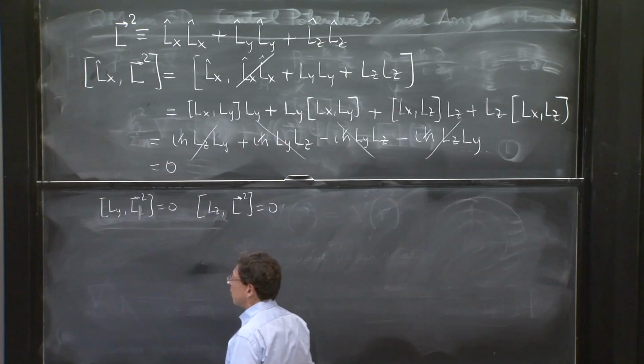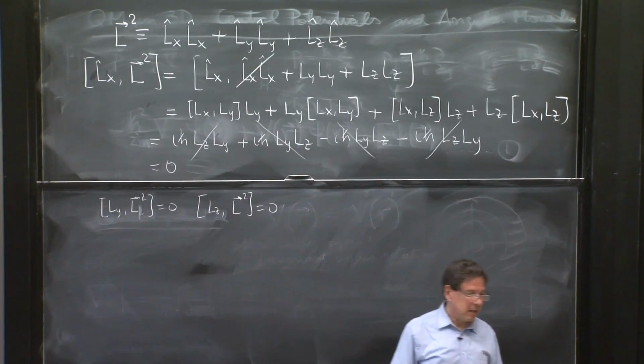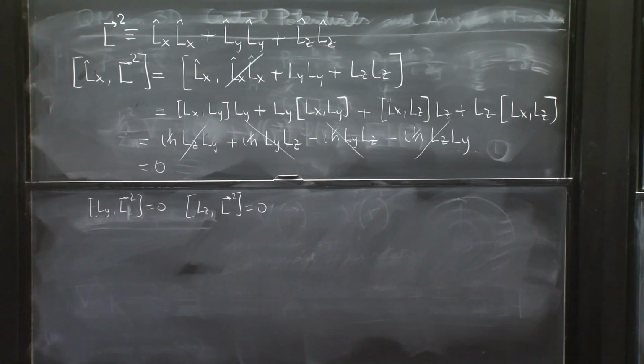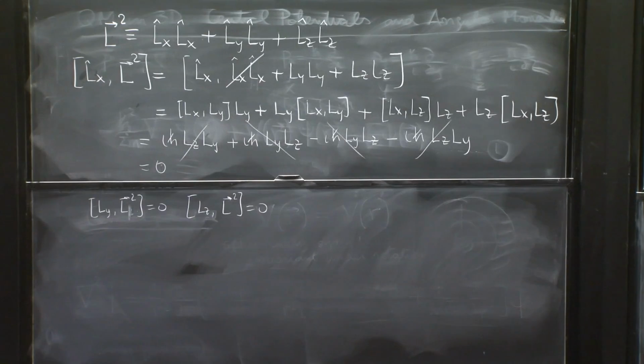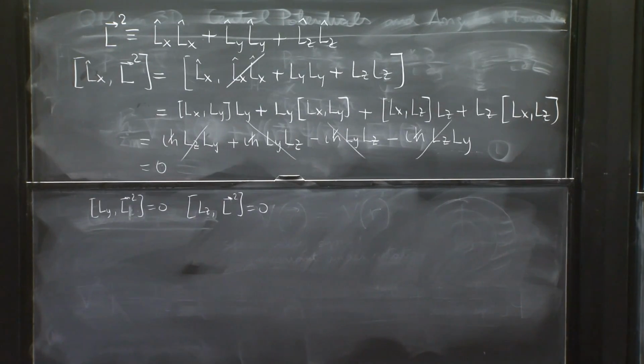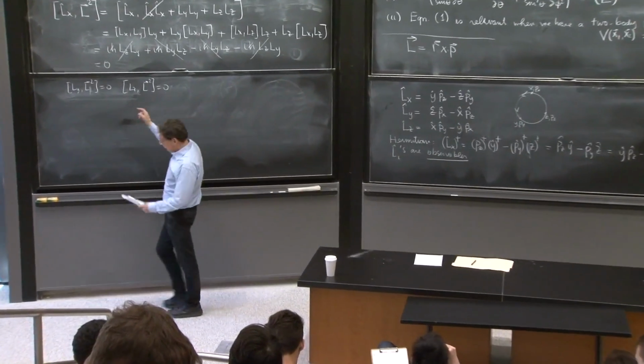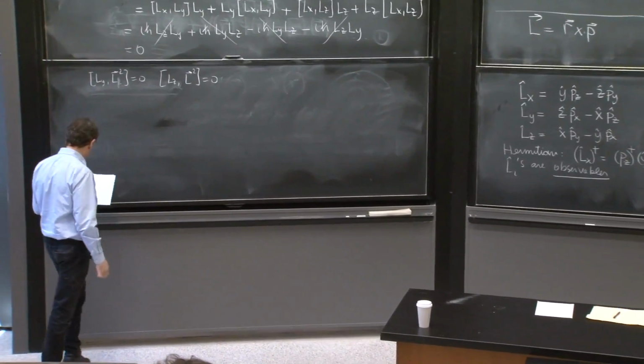So you have a choice. You can choose Lx, Ly, or Lz, and L squared, and try to form simultaneous eigenstates from all these operators. Two of them. Let's study those operators as differential operators a little bit.